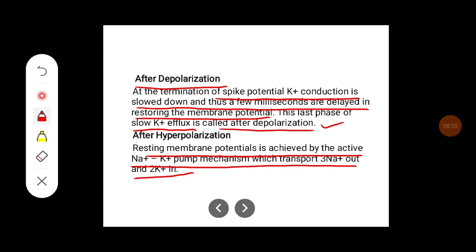After hyperpolarization occurs because of the delayed closure of the potassium channels, which causes more negativity inside the cell because of the delayed potassium efflux, and by putting some sodium outside the cell, it brings the resting membrane potential back to normal. That is done by the sodium potassium pump.